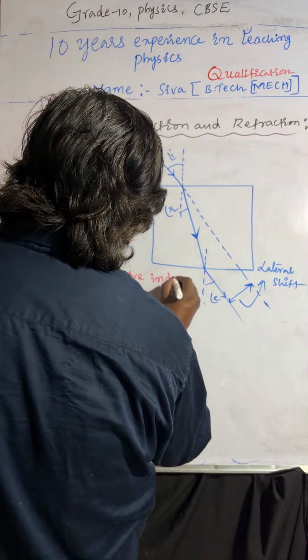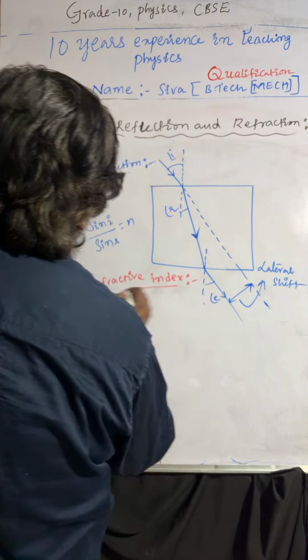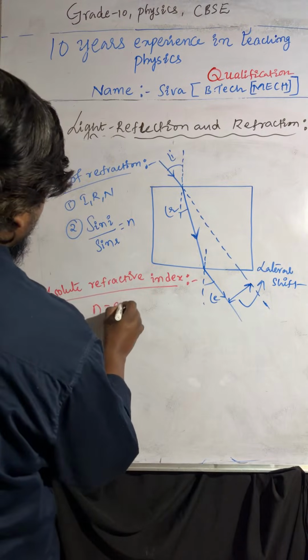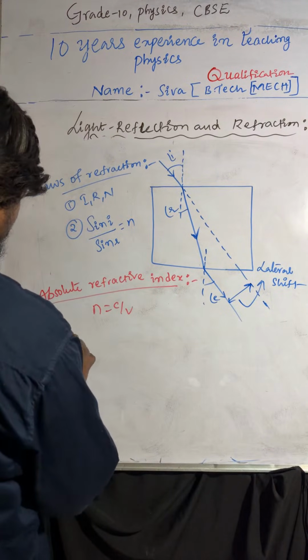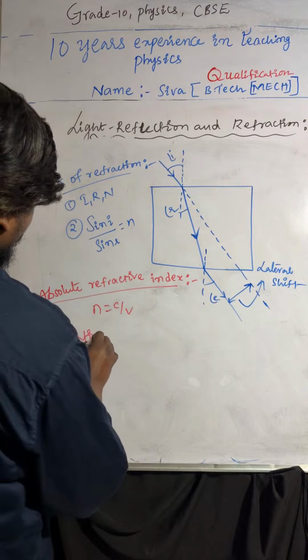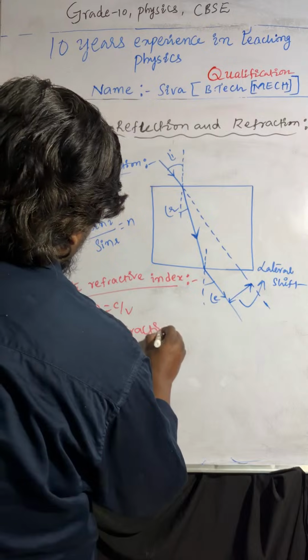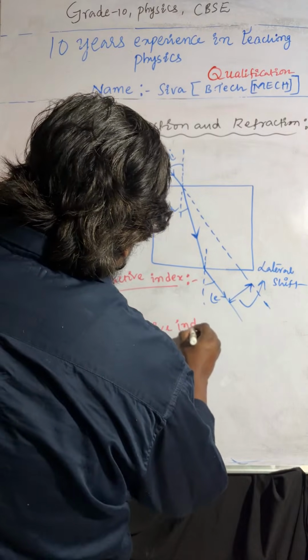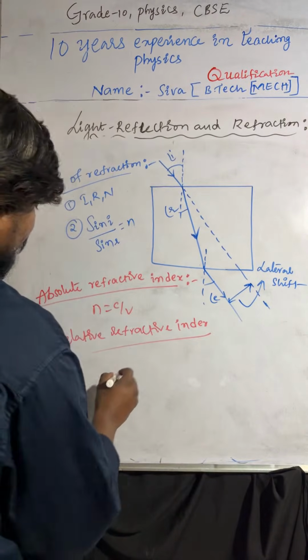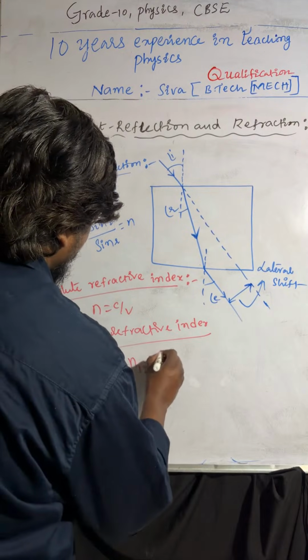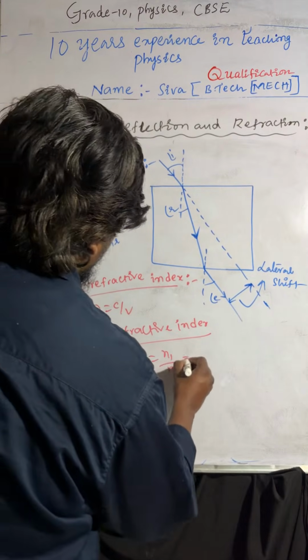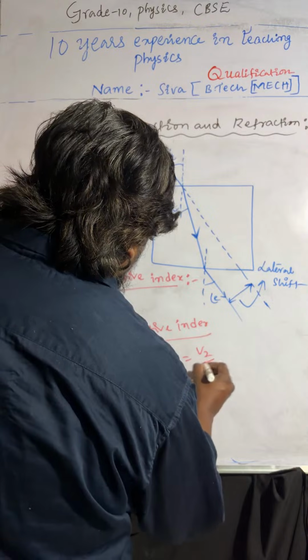Refractive index, that is absolute refractive index, n equal to c by v. So coming to relative refractive index, n12, that is nothing but n1 by n2 equal to v2 by v1.